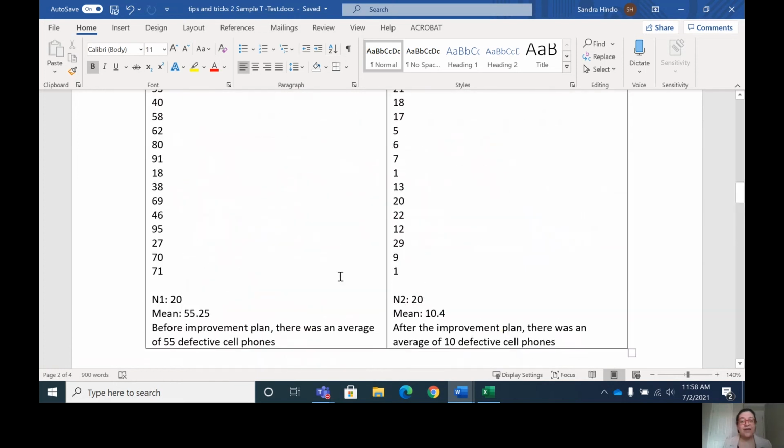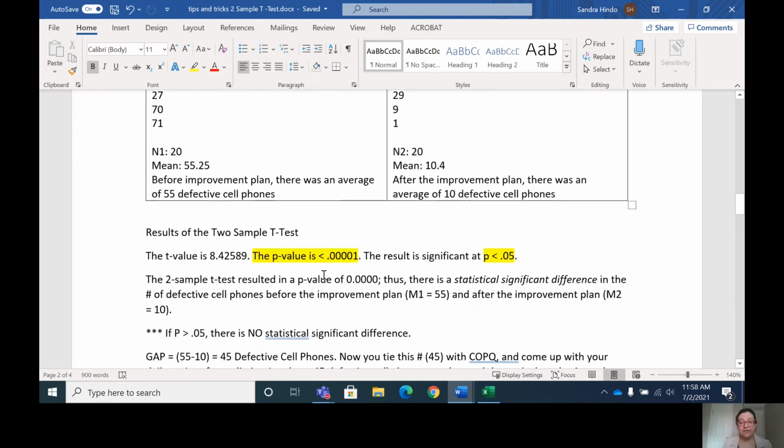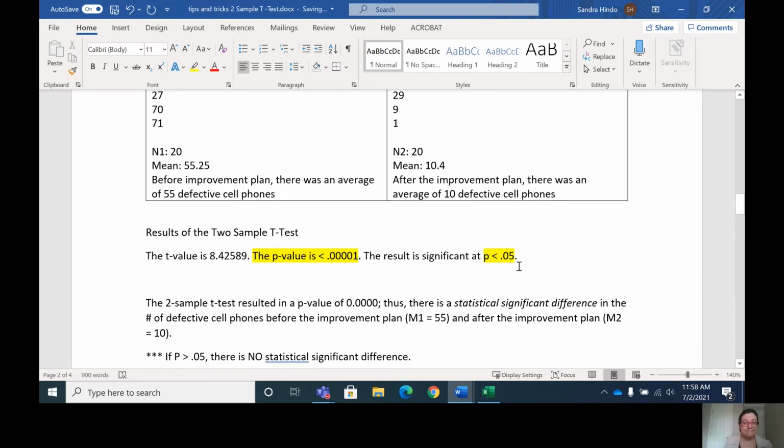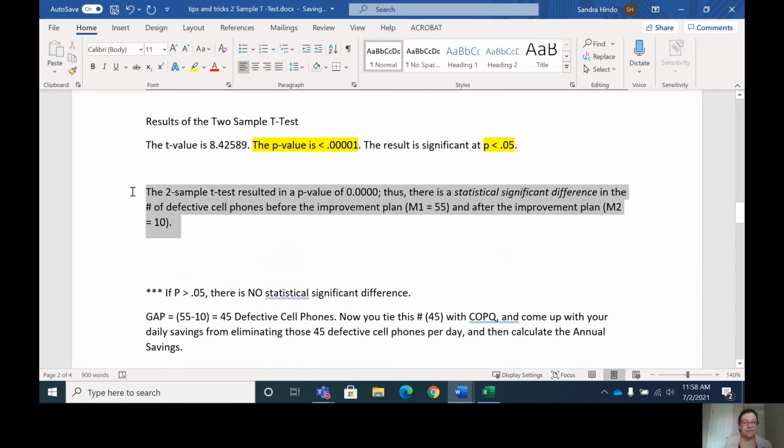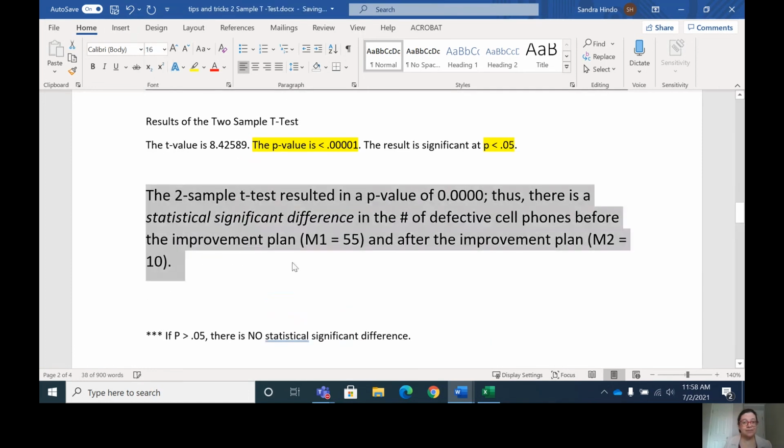The last part is to input those 3 numbers and create a concise study results statement. I captured the mean 1, which is the average of column 1.